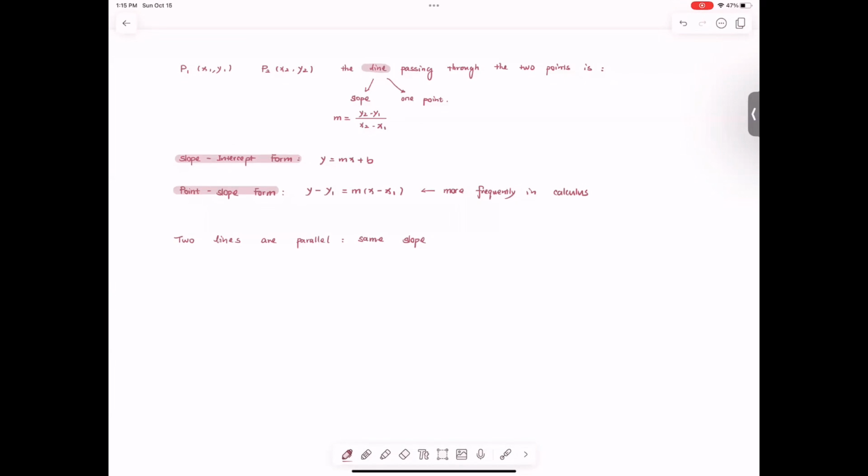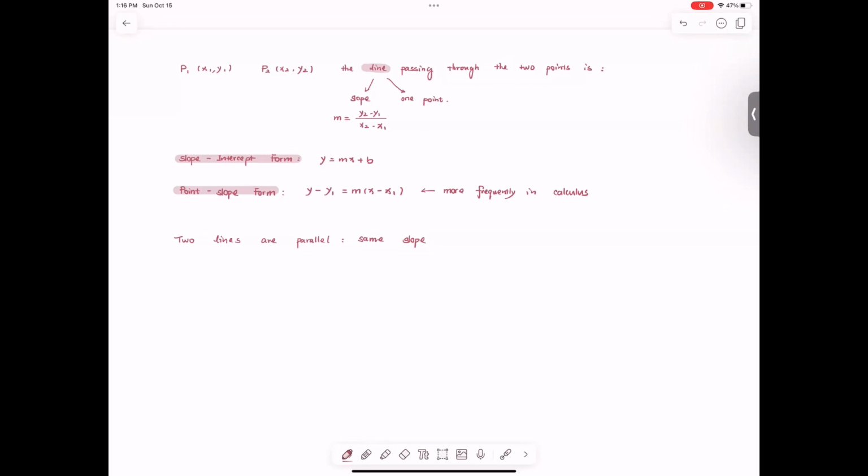What about 2 lines being perpendicular? Then what's going to happen? They are not just reciprocal. That's correct, not just reciprocal, it's a negative reciprocal.